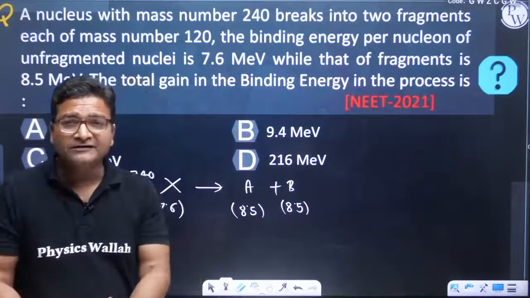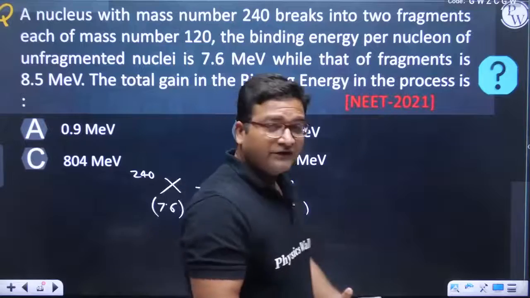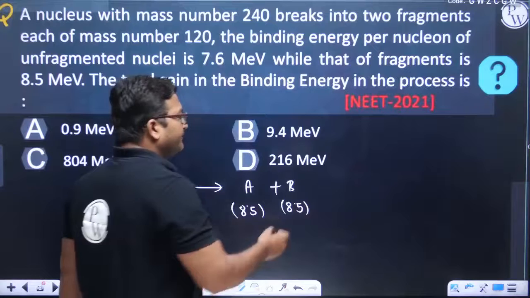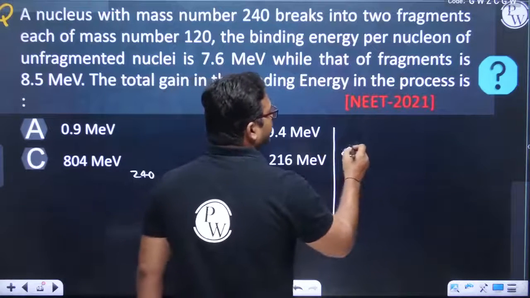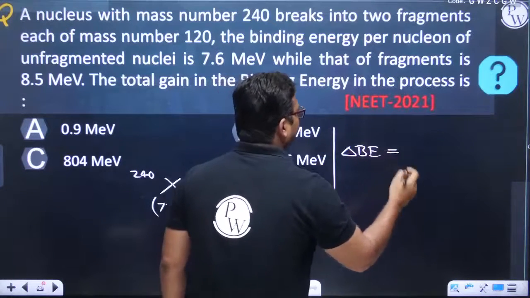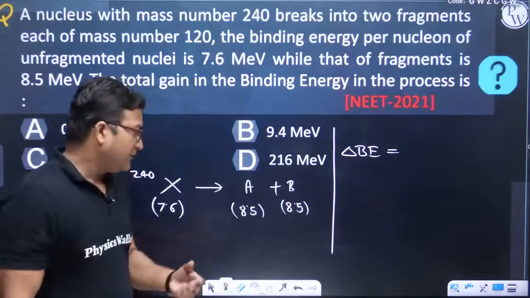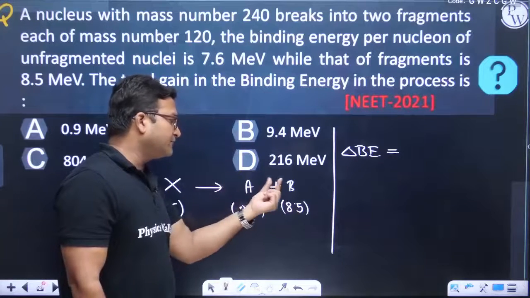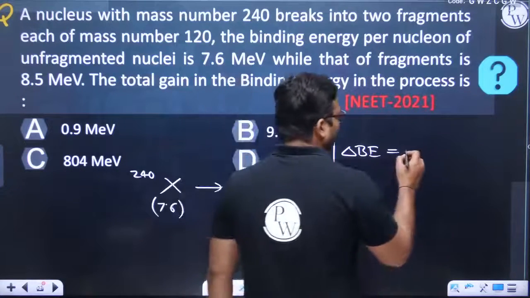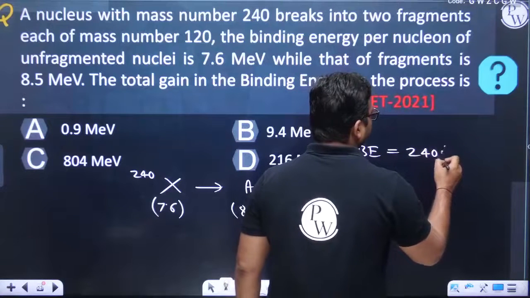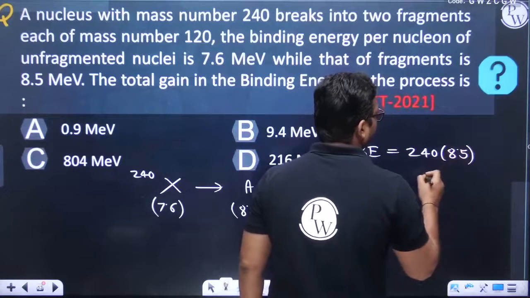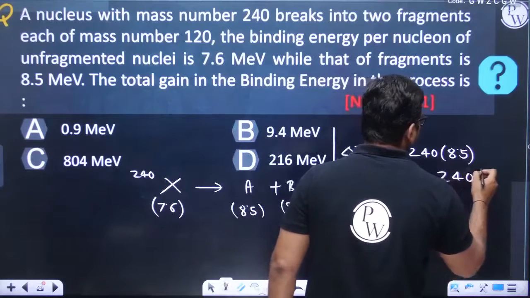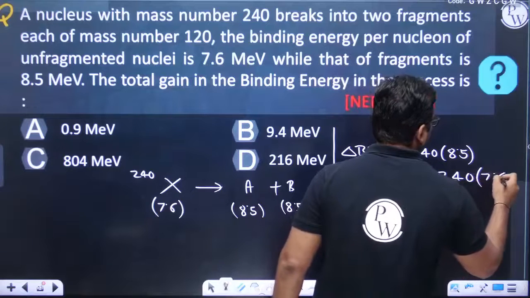The gain in binding energy is obviously the binding energy of product minus binding energy of reactant, and that's also the Q value. So the delta binding energy would be simply the binding energy of product. As we have the same binding energy for the 2 fragments, 120 and 120, we can say the binding energy of product is 240 times 8.5 minus binding energy of reactant, 240 times 7.6.